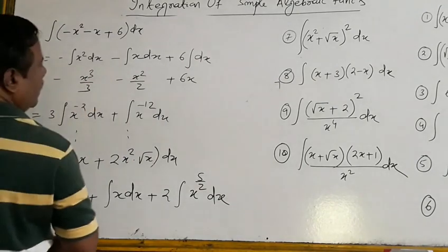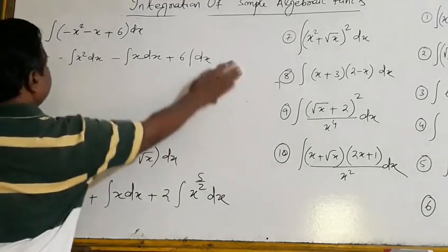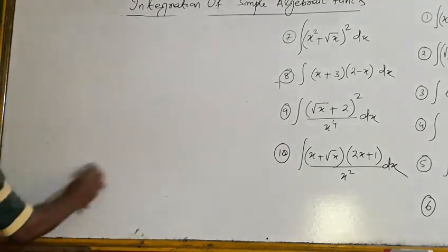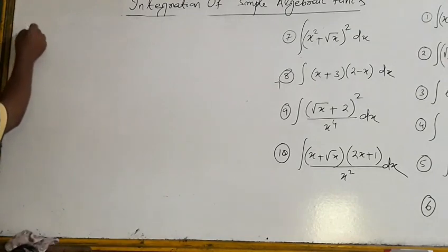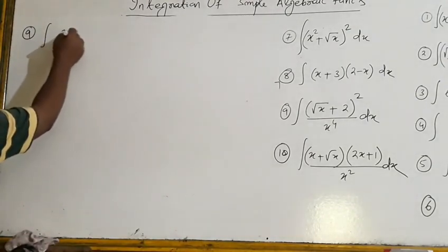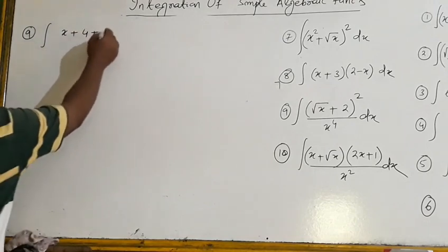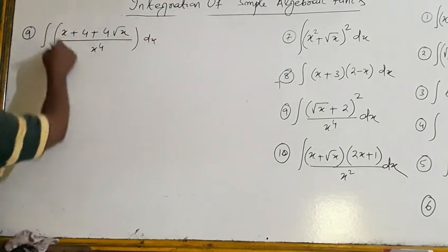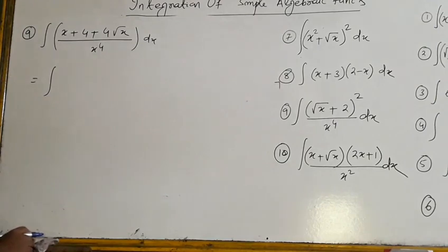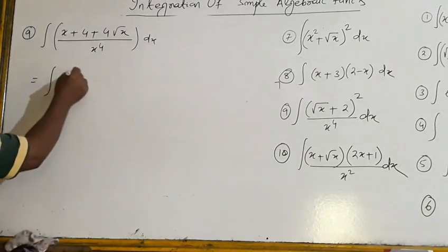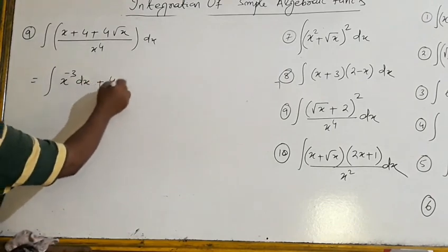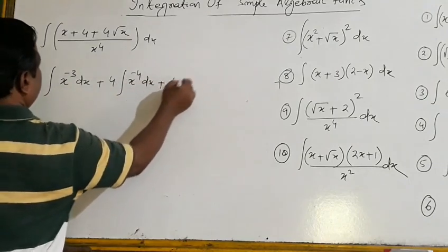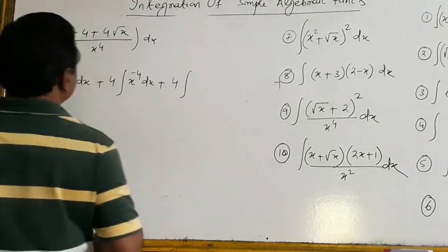Okay. Now number 9. What you have to do in number 9? It becomes (x + 4 + 4 root x) by x⁴ into dx, which is equal to the integration of x by x⁴. x by x⁴ becomes x to the power minus 3 dx, plus 4 x to the power minus 4 dx, plus 4 will go outside, x to the power half by x⁴.